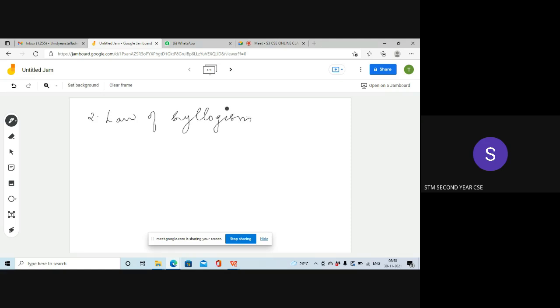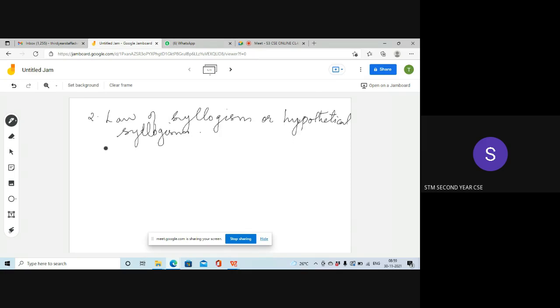Law of syllogism, or it is also called hypothetical syllogism. Now, what is this rule?